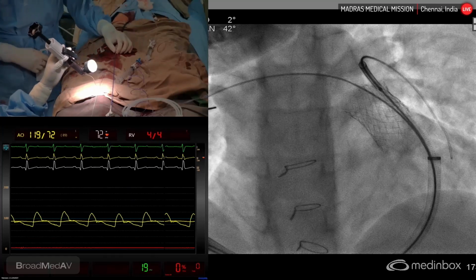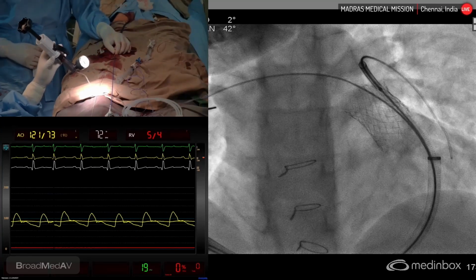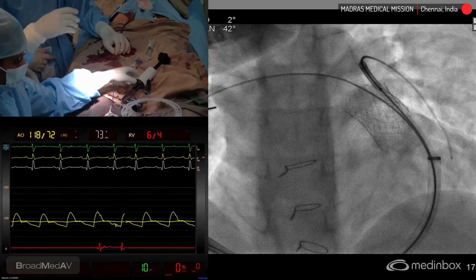Now we do the same thing with the right side with another 7 French sheath.